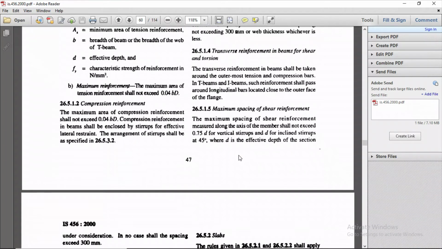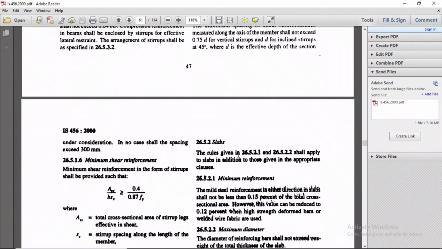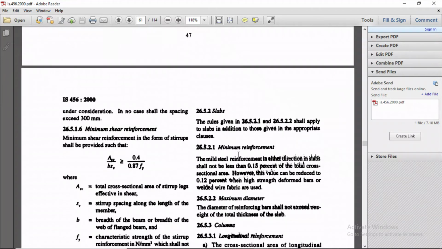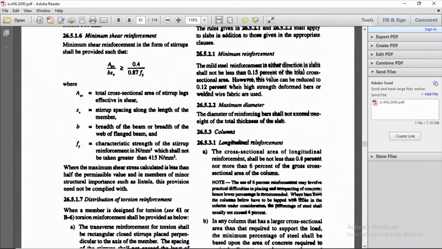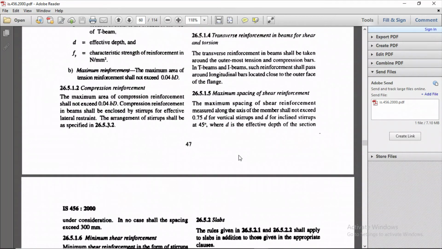This is for compression reinforcement, and minimum shear reinforcement is also given. Alright, and just a minute, let me check.